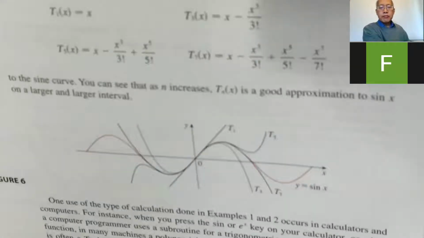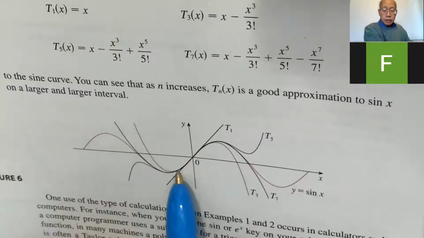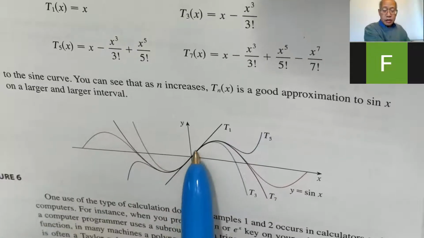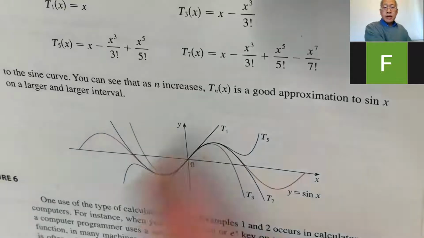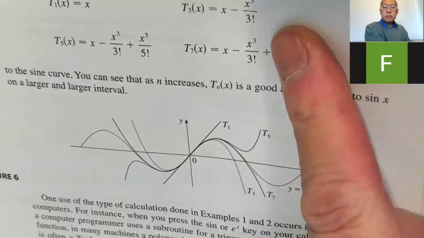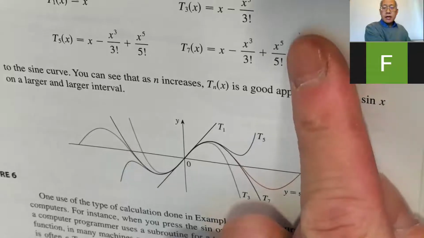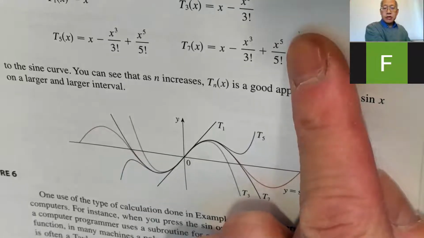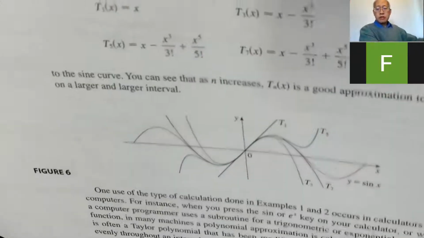The best linear approximation to the sine function near the origin is y equals x, right? It looks pretty good for only a little while. Then they're showing you x minus x cubed over 3 factorial. That's T3. Then x minus x cubed over 3 factorial plus x to the fifth over 5 factorial. That's T5. Here's T7. As you go farther and farther out, the graph looks more and more like the sine function.